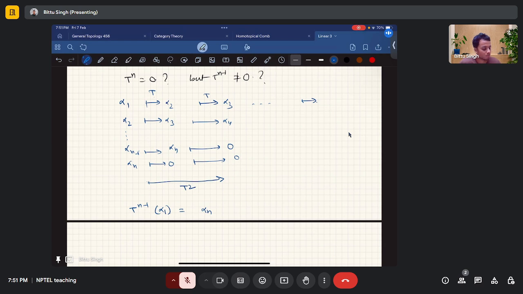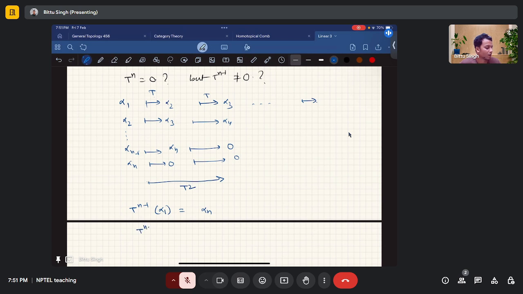With the first application, the index increases by 1, to 1 plus 1, that is alpha 2. With the second application, it increases by 2. With the third application, the index is increased by 3, like this, right? So n minus 1 applications increase it to n.